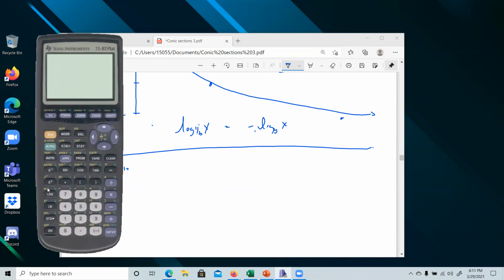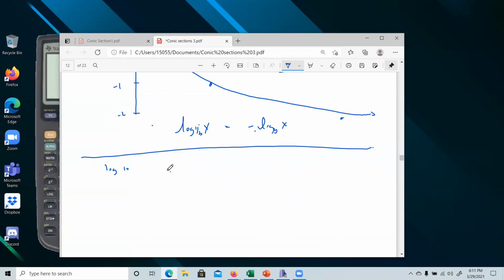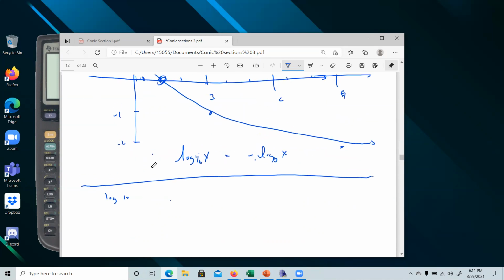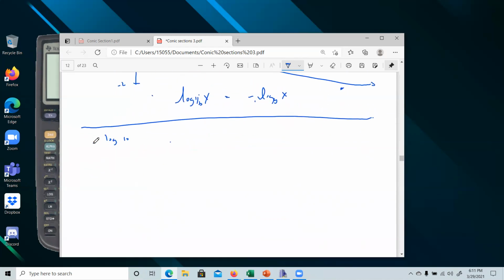We are not dealing with any weird bases. This will work for any base, but when we first start, I want you to get a sense of the numbers rather than trying to figure out what all the bases are. I want this to be a calculator exercise so you get used to it.